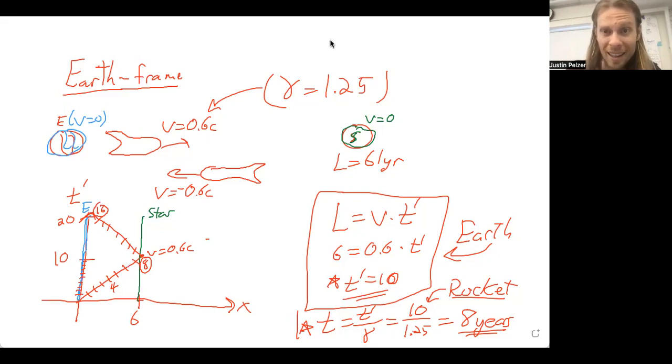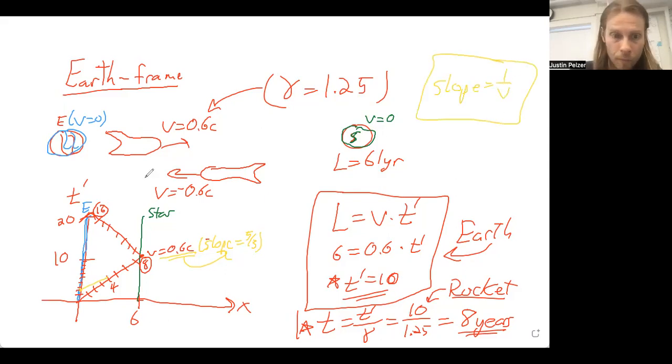So if you draw the light lines from Earth every 2 years, draw them at a slope of 1. Remember, this is a slope of 5/3 because the slope is always 1 over the velocity in a space-time diagram.